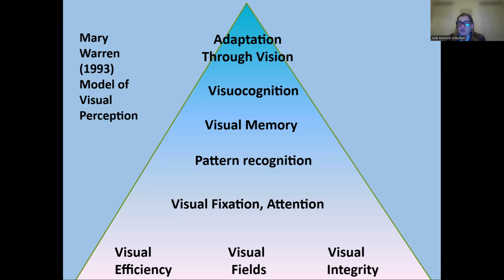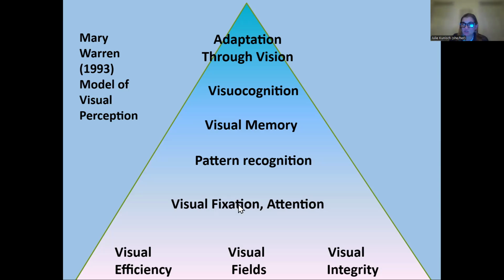But this is the hierarchy of vision and visual perception, which goes all the way up to the top in how people use their vision to interact with their environment and with their occupations. At the bottom here, we have the very foundational efficiency of your eyeballs. That's the oculomotor stuff, the integrity of the eyeballs. That's the anatomy, right? And how well that is working. And then your visual fields, which we just looked at, right, with your optic nerve. How is the person perceiving the visual information that's coming in from their different visual fields?